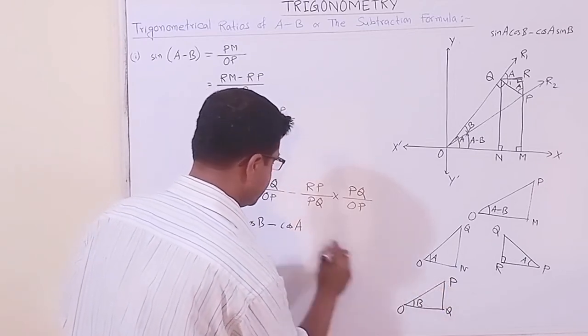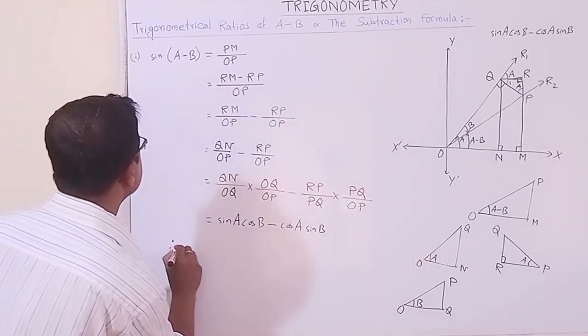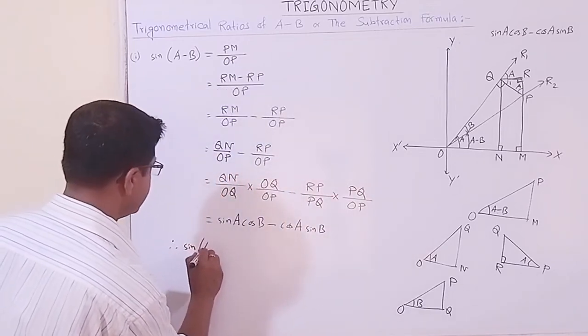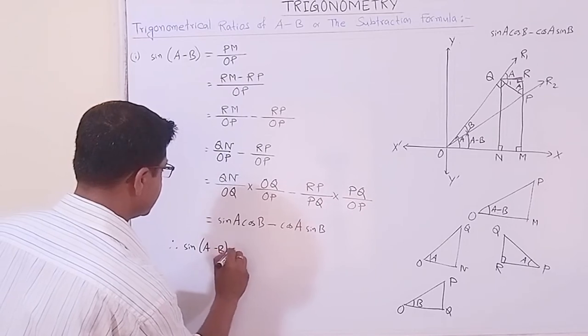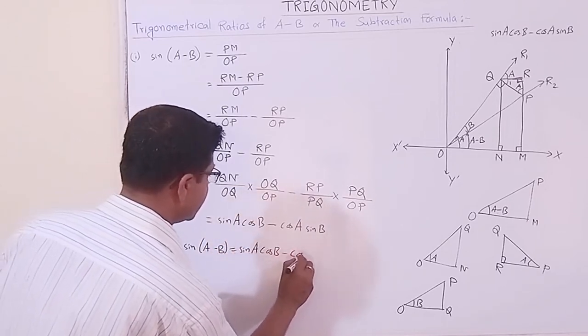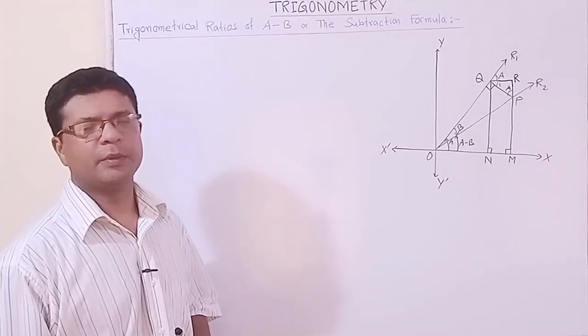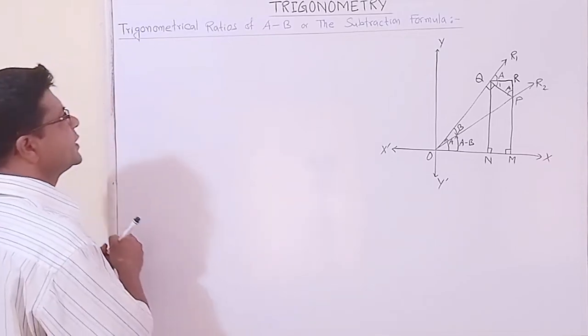It is of course sine of this angle, sine of B. Therefore, we have proved sine of A minus B is equal to sinA cosB minus cosA sinB. Have you understood this? Now, my beloved students, we are at the second formula of the subtraction.